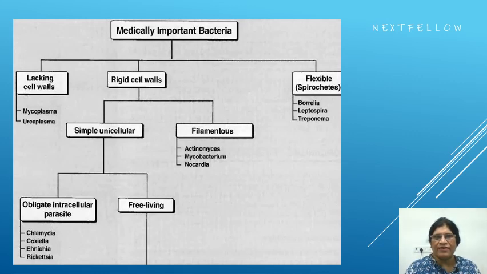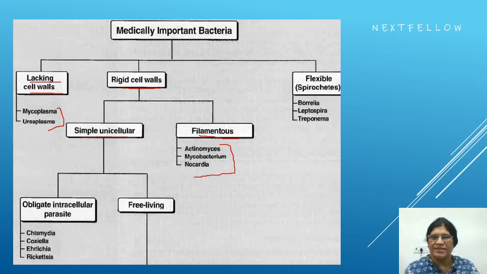Medically important bacteria are the following. Some bacteria have rigid cell walls, whereas others lack cell walls. The bacteria which lack cell walls are Mycoplasma and Ureaplasma, whereas the bacteria with rigid cell walls can be simply unicellular or filamentous. Remember, filamentous bacteria are Actinomyces, Mycobacterium and Nocardia.